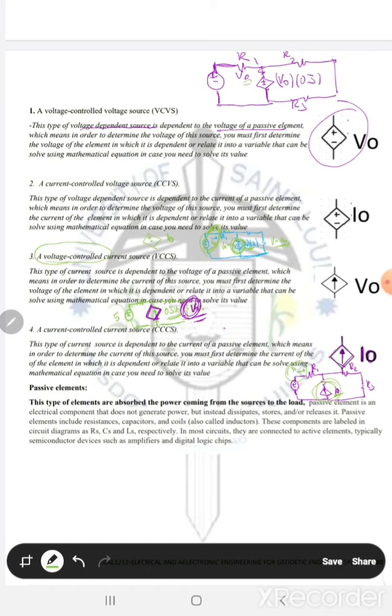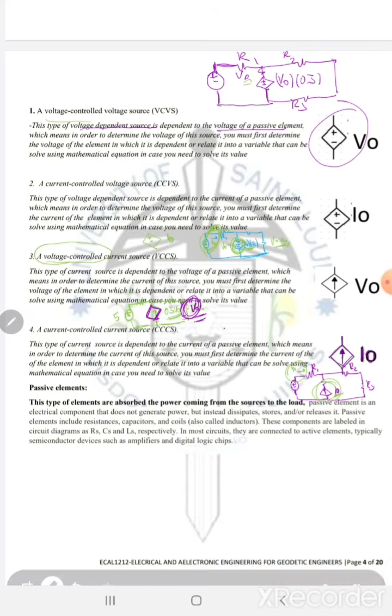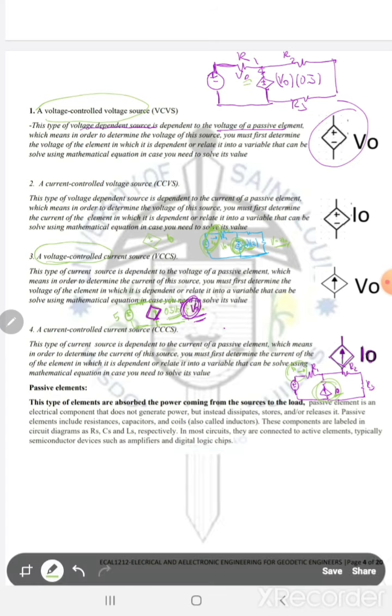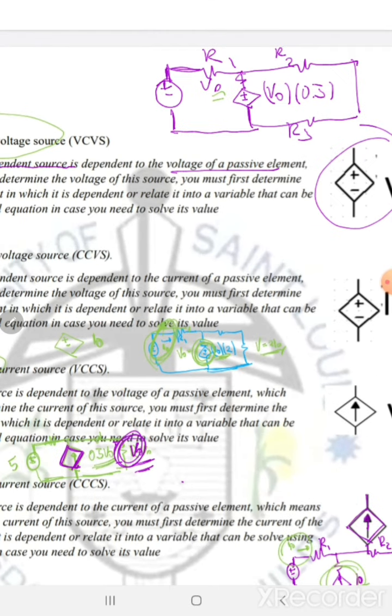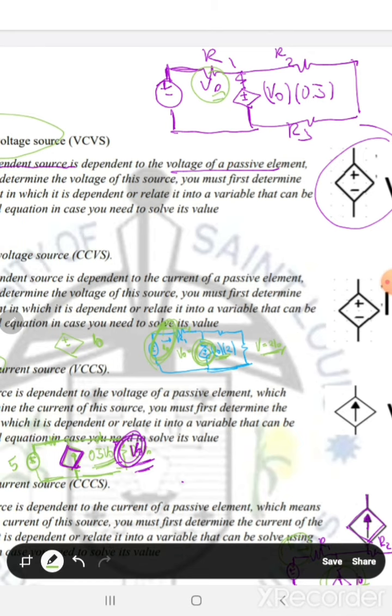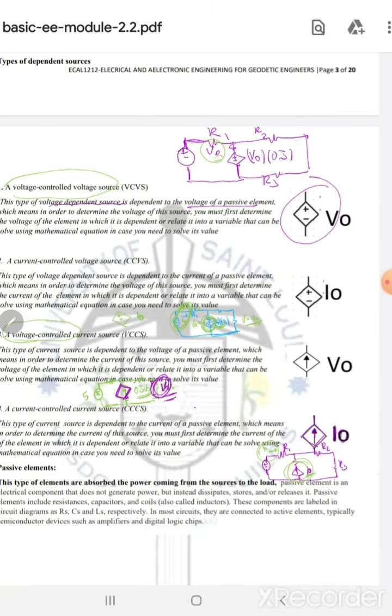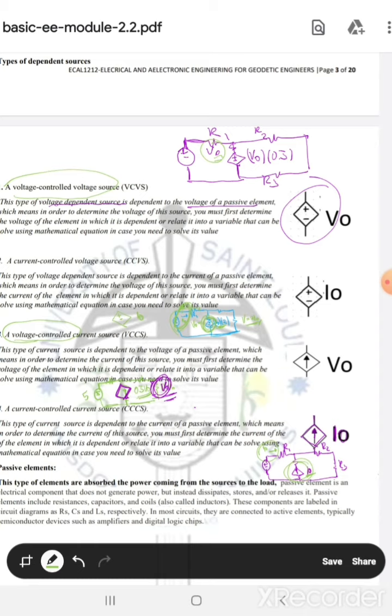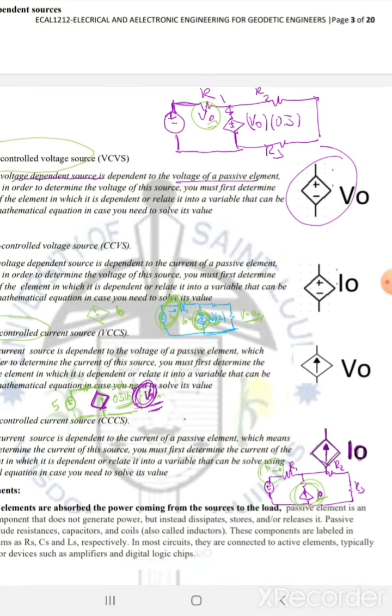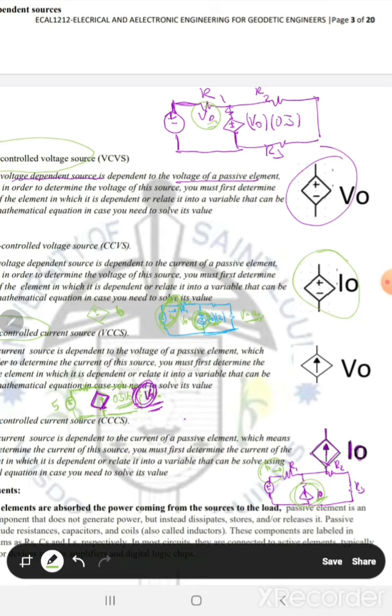So as I have said, a voltage controlled voltage source is variable with a voltage of another passive element. Okay? A current controlled voltage source is a voltage source that is variable with the current of the other element affecting the circuit.